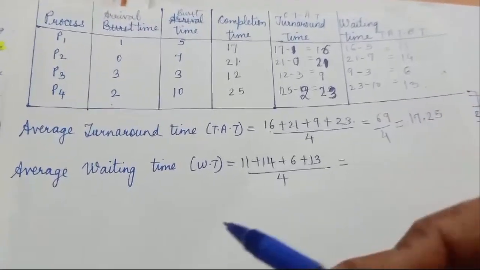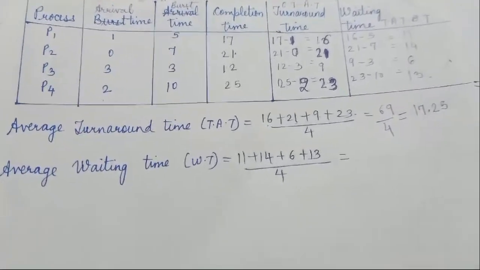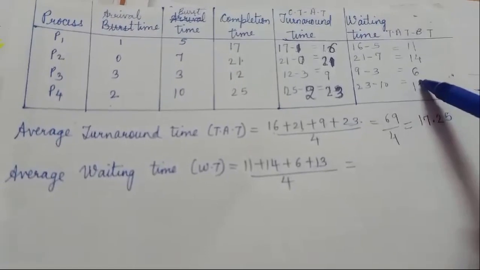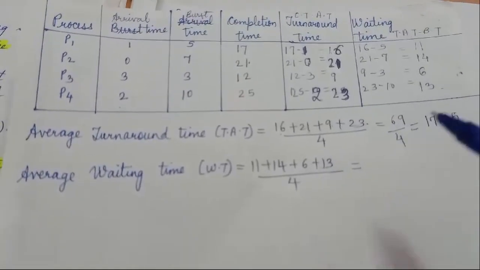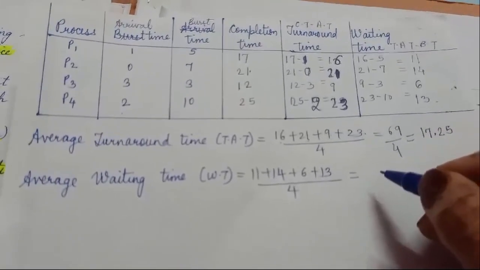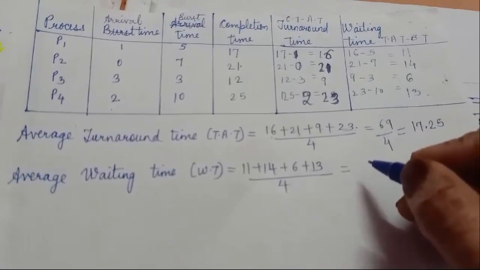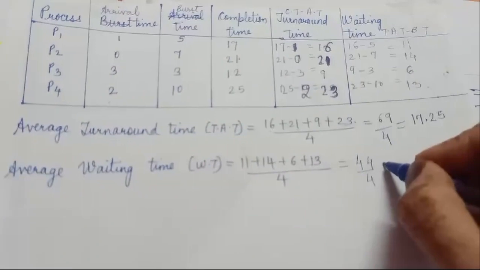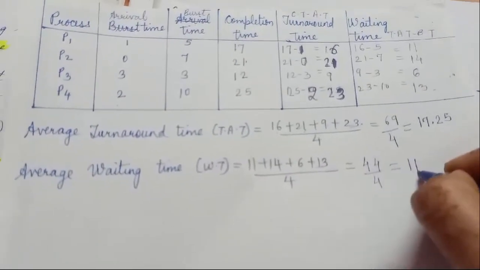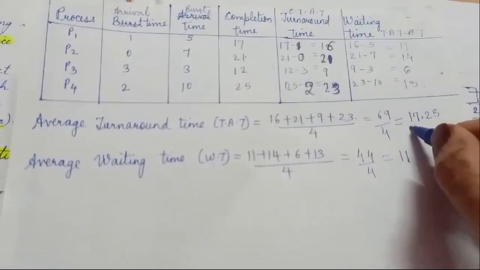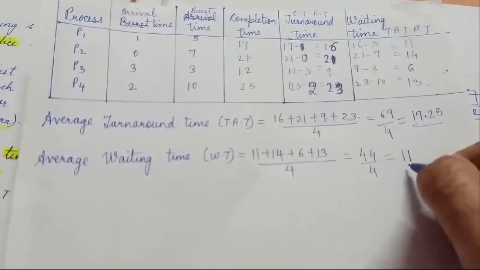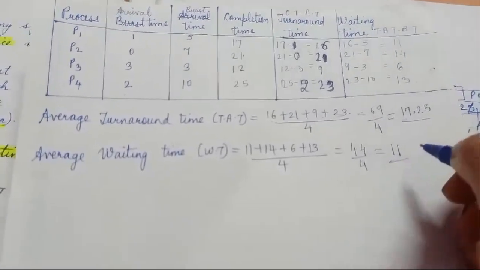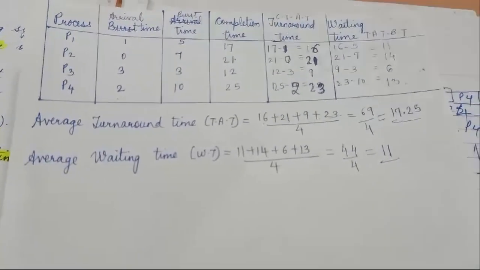Next, to find the average waiting time, we'll add all these values: 11 plus 14 plus 6 plus 13 divided by 4. So addition of this is 44, divided by the number of processes, and the final answer will be 11. So this is the average turnaround and waiting time.